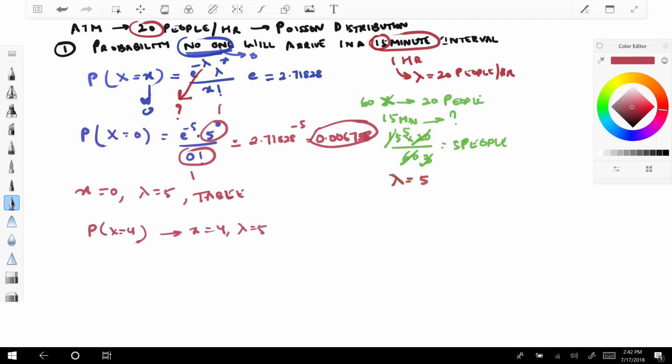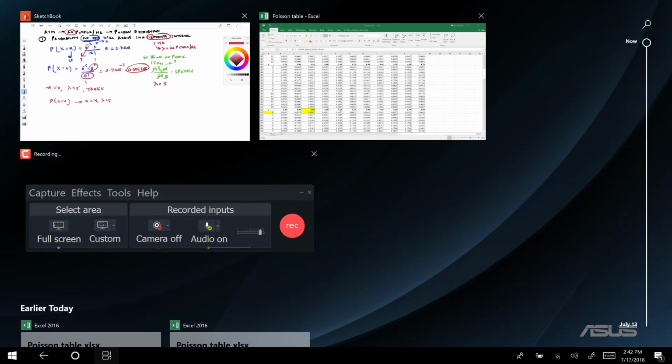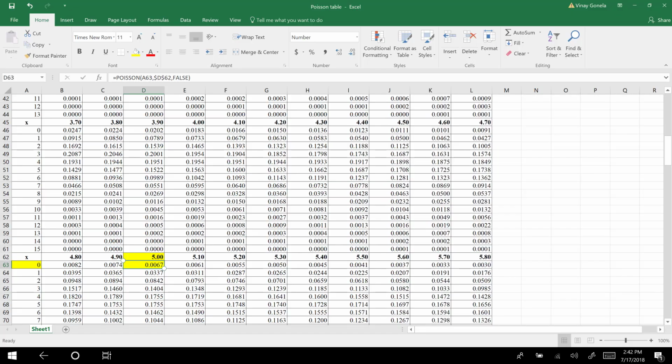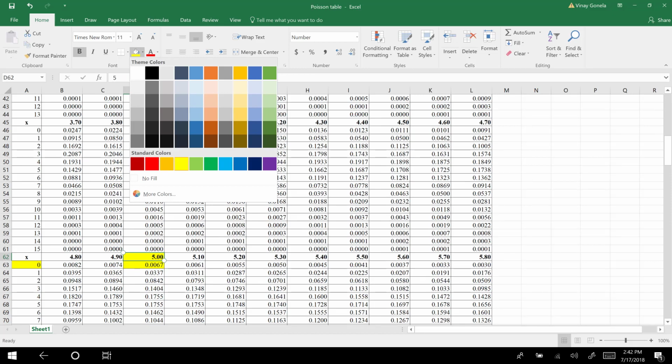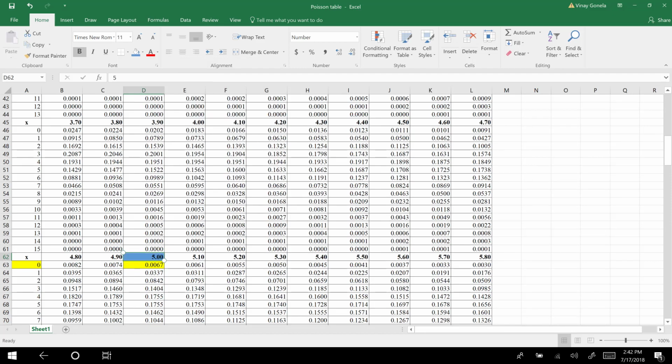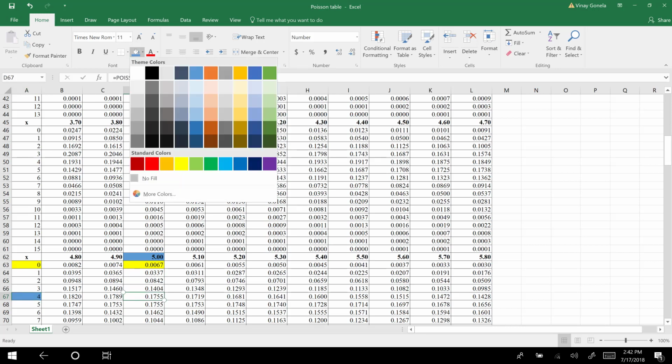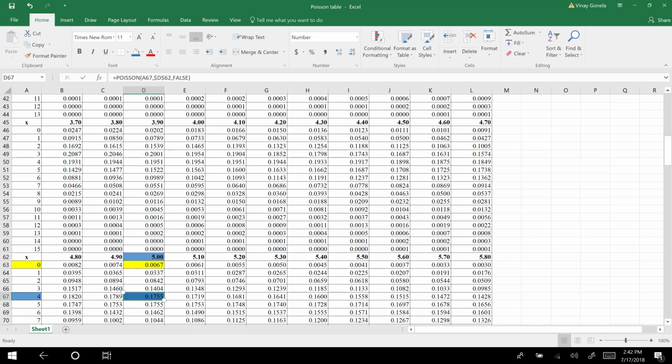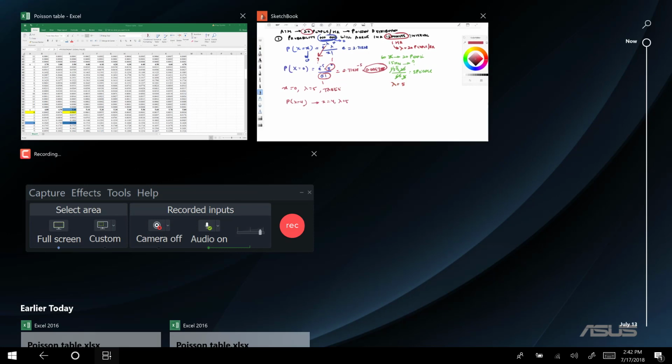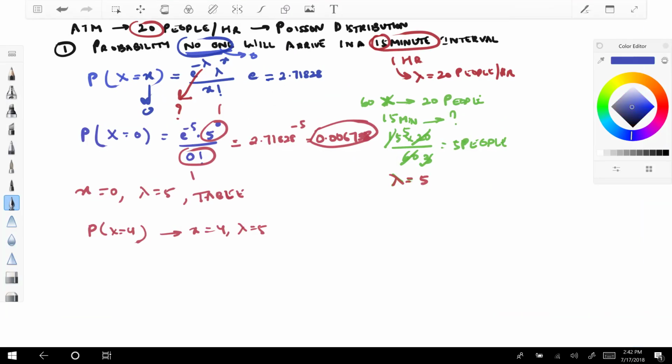I will go to the table, find lambda equal to 5, and look for x equal to 4. The value would be 0.1755.